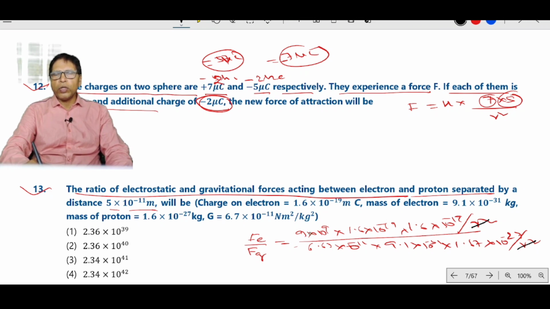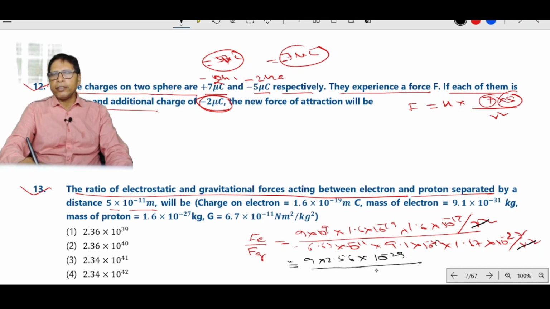The numerator becomes 9 into 2.56 into 10 to the power minus 29. And here 10 to the power 11 and 10 to the power minus 31 give 10 to the power minus 42, and this is the minus 27.